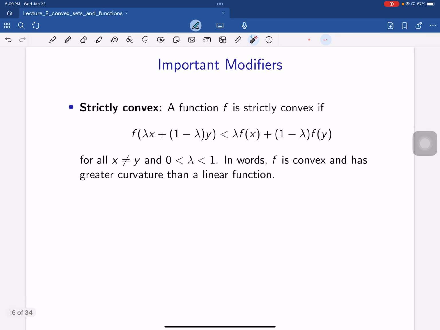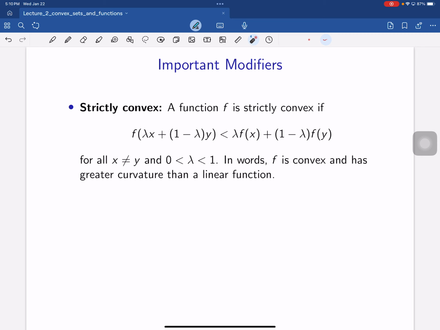Then there are a few other properties. One is called strictly convex. Okay. So instead of saying the line segment is greater than or equal to the curve, this is saying this line segment is strictly above the curve. Okay.